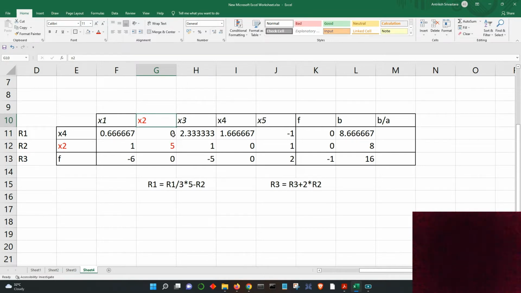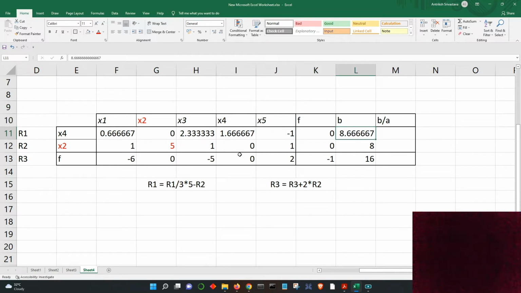Anyhow, we have made this particular coefficient itself 0, so this is not going to contribute. X3 is non-basic, it is not going to contribute. Now x4 into 1.66 and x5 is again 0. F is multiplied with 0 is equal to 8.68.